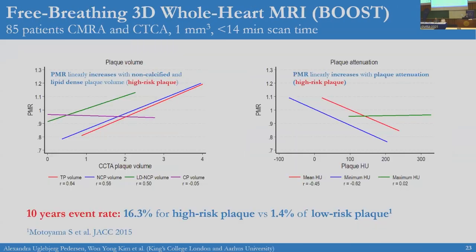And the group in Denmark analyzed those images, and this plaque to muscle ratio was increasing for non-calcified and lipid-dense plaques. However, not for the calcified plaques. So basically, we are more sensitive for high-risk plaque, and we also can see plaque attenuation.